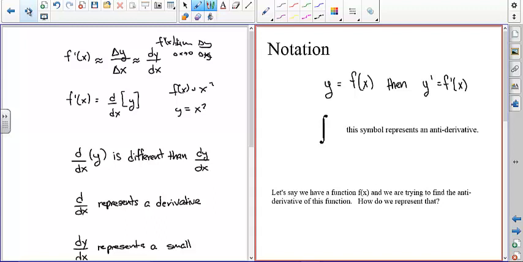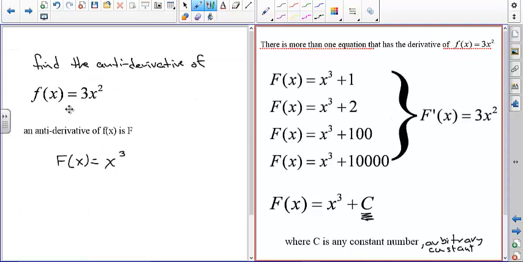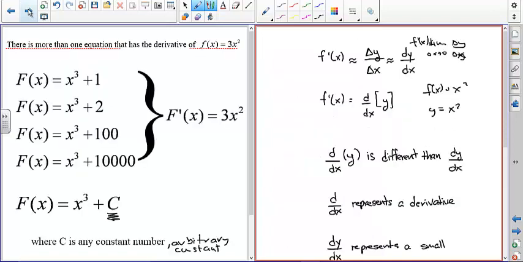That tells us that we do the opposite of taking the derivative. We take the antiderivative. So if we want to find the antiderivative, but earlier when I asked this question in words, I said find the antiderivative of the function f of x squared. How do we represent doing that instead of using words?